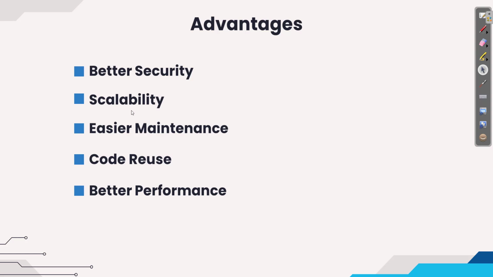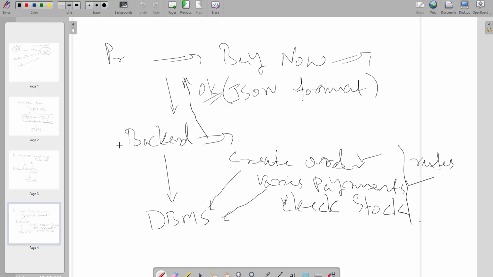Scalability: it is very scalable. Hundreds of thousands or even millions of customers can use the application. In the same way, this backend system can be used by millions of users.